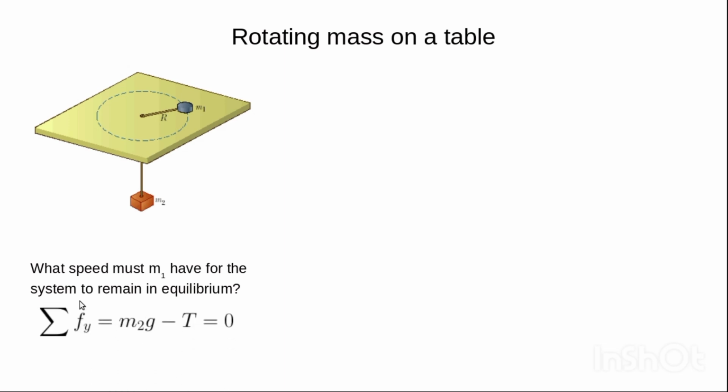So we have the sum of forces along the y-axis: m2g minus T equal to 0. That is, m2g acting downward minus T acting upward must be equal to 0. From this point, we make T the subject of the formula, and we have T equal to m2g. So this is the equation for this system.